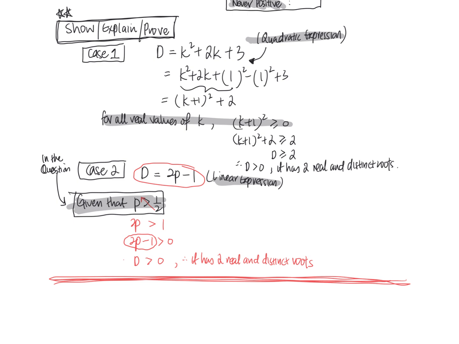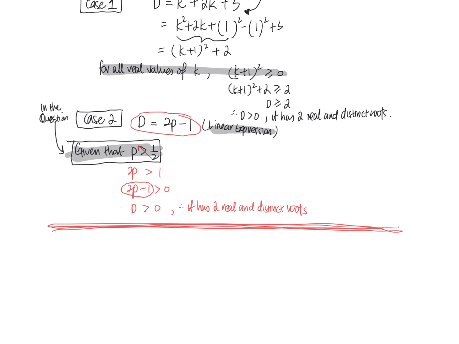Okay, next one. The very, very last one we learn is 2.3. Okay, 2.3 is quadratic inequality.